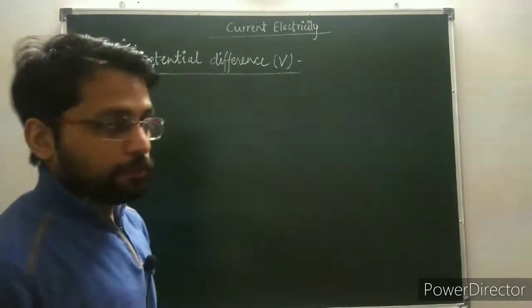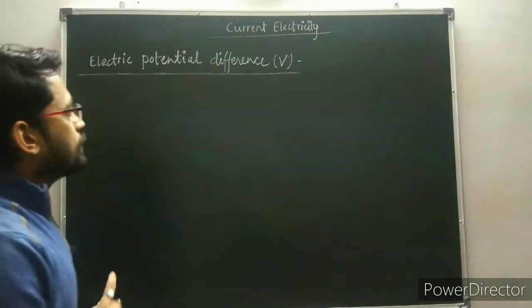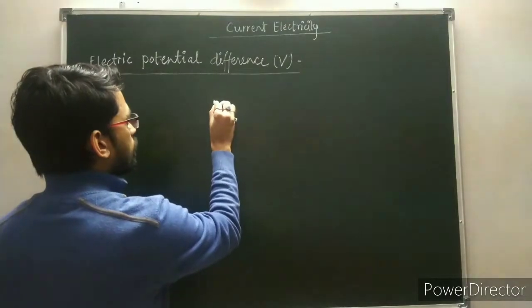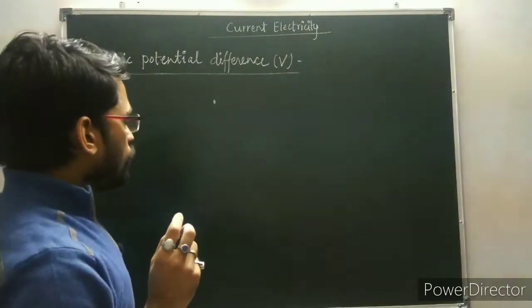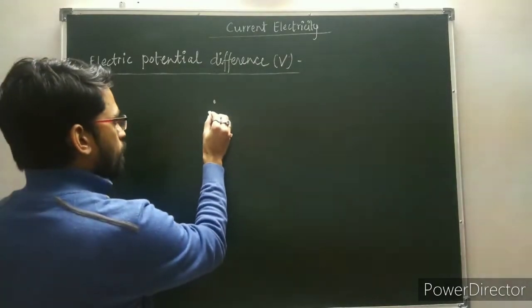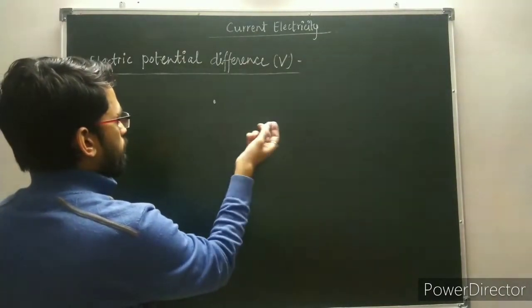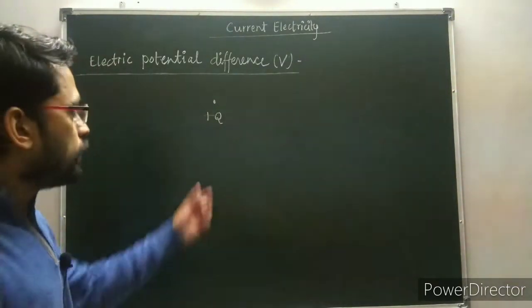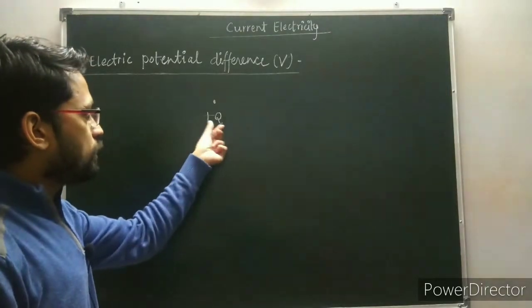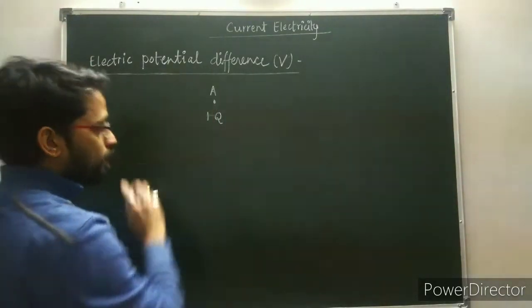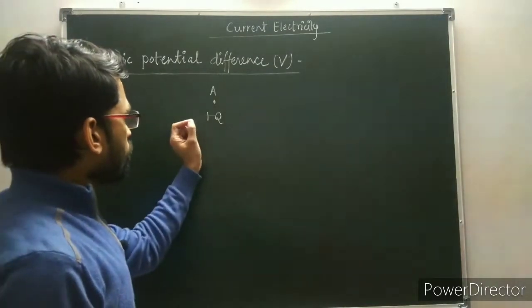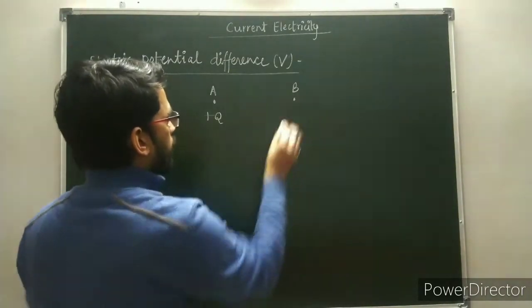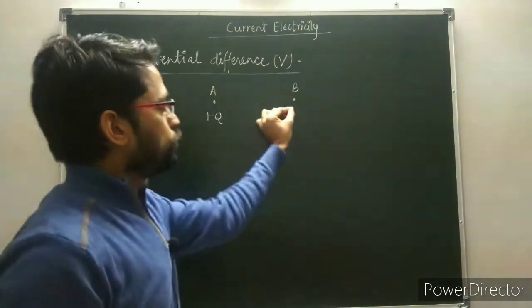It is denoted by capital V, and to understand this term, let us consider there is a unit positive charge, say a positive charge Q. Consider there is a positive charge plus Q at point A, and there is another point B, and you have to bring this charge from point A to B.